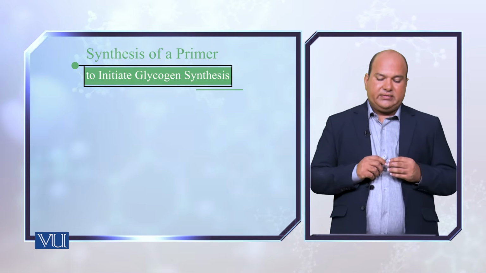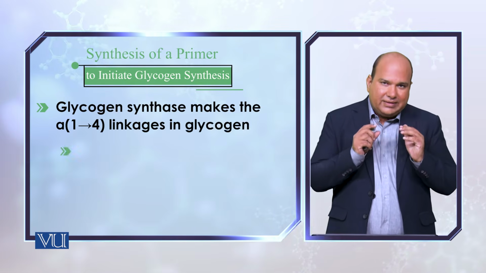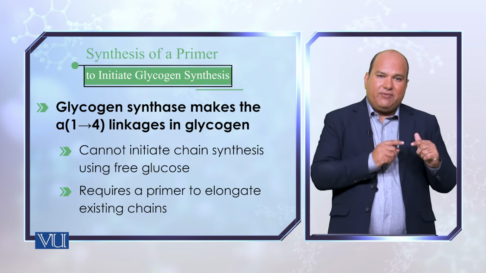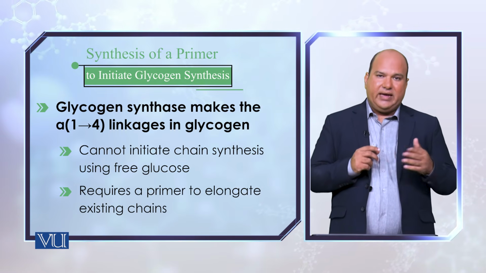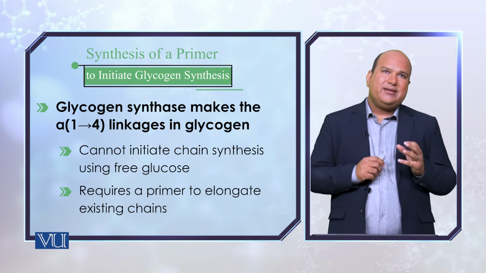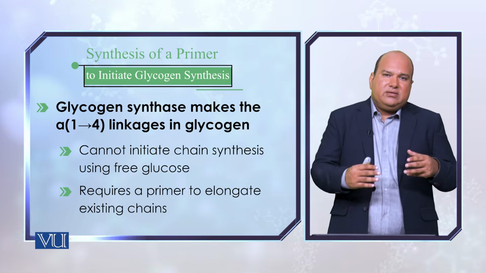Keep in mind that the linear chain of glycogen contains alpha 1,4 linkage, and the glycogen synthase enzyme is involved in it. But also you should always remember that glycogen on its own cannot start its formation from a single residue of glucose.